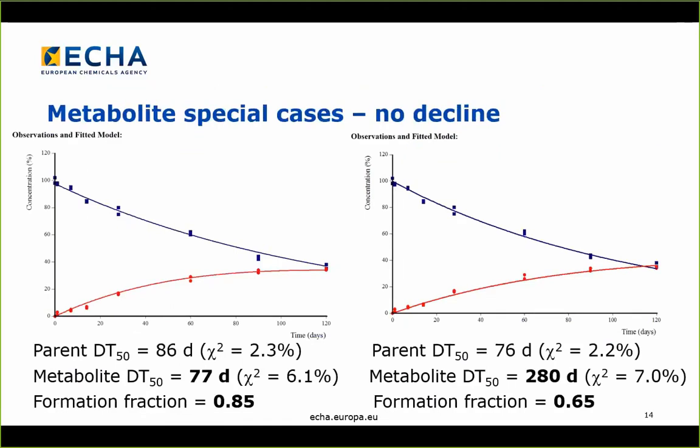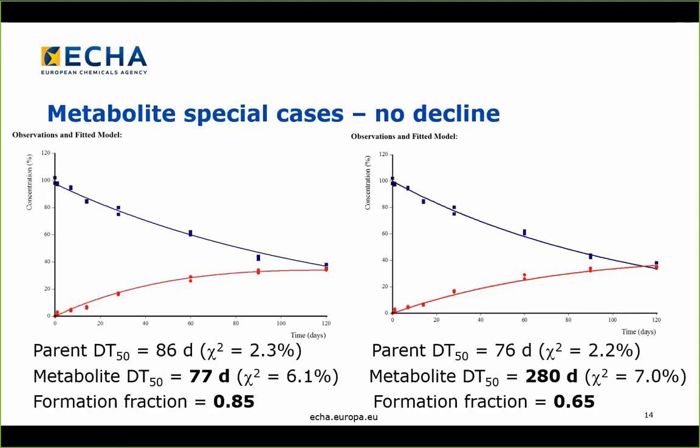Okay, so this is an example of exactly the same data. Both of those graphs are the same data sets fitted with 2 different combinations of optimized parameters. And visually and statistically, the fits look pretty similar.